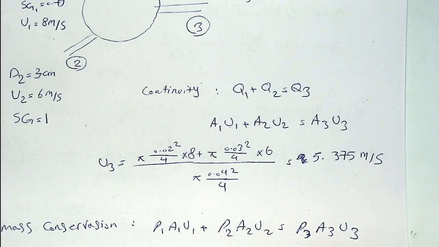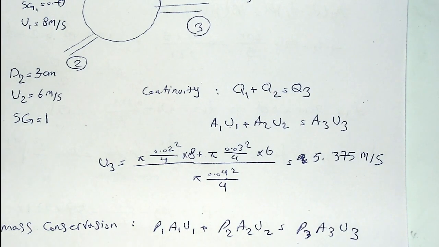The density would be 922 kilogram per cubic meter, but the question is asking you about the specific gravity. So to calculate the specific gravity, you have to divide this 922 by the density of water, which is 1000.